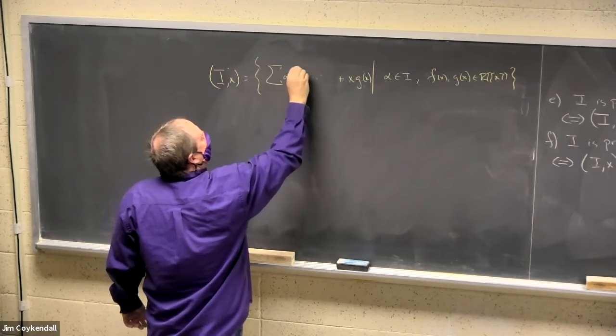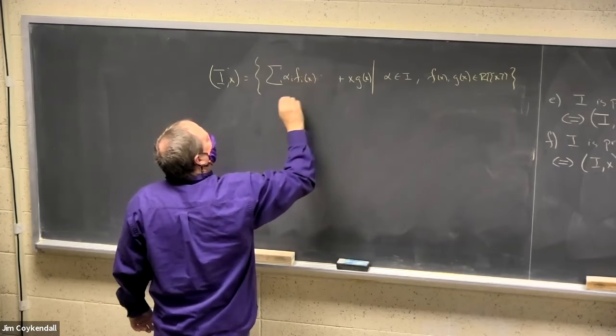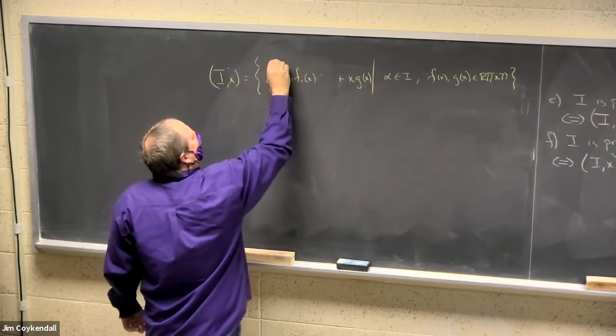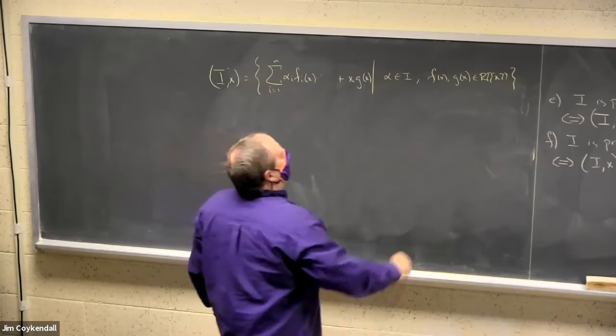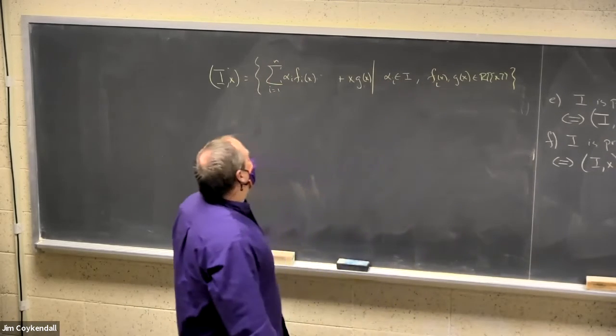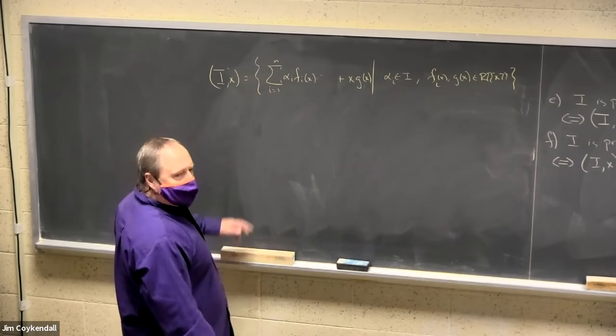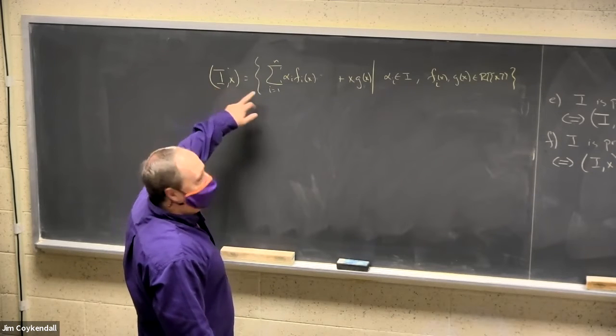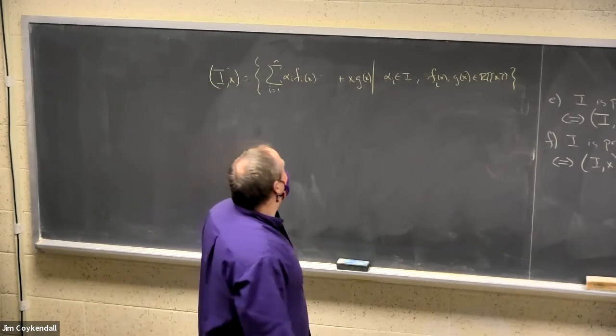Alpha i, f i, where alpha i is in I and f i is in R power X. So in other words, it's the smallest ideal that contains all of I and all of x.